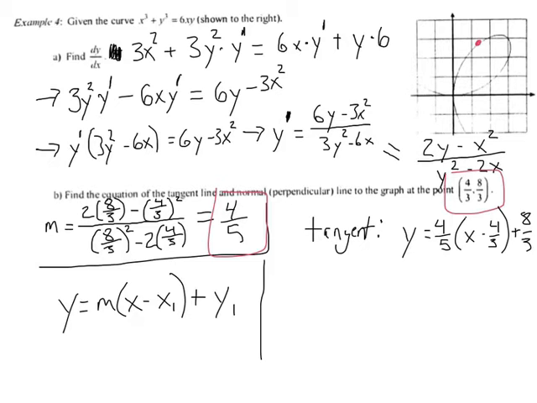Let's talk through that a second. Does it look like the slope right here could possibly be 4/5? Are you going up 4 and over 5 to get to the next spot? I think that's pretty likely, so that seems to make sense. Our normal line is just perpendicular to it, so the normal line would be going something like that.